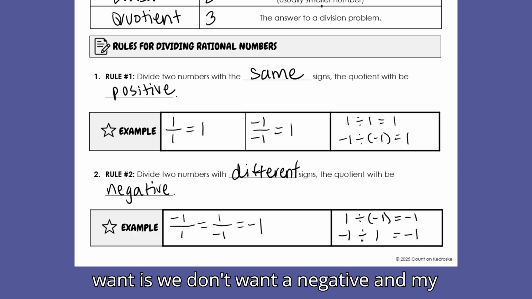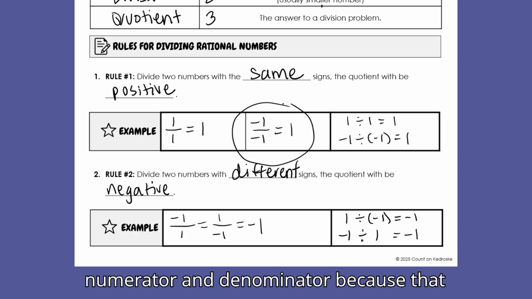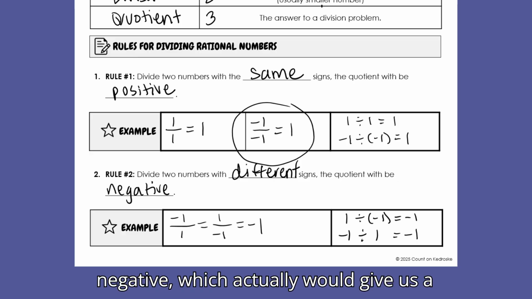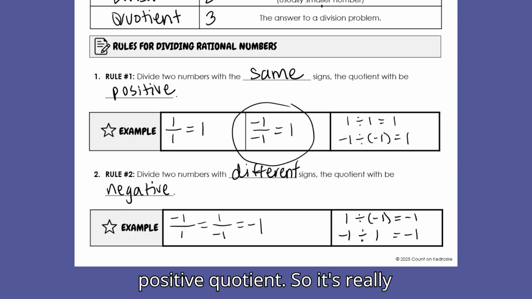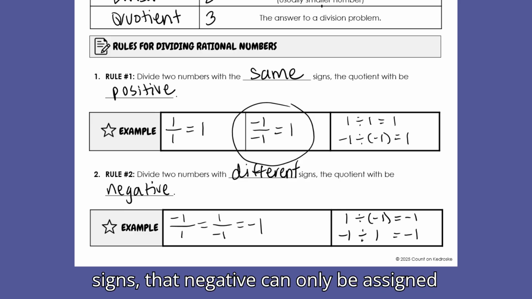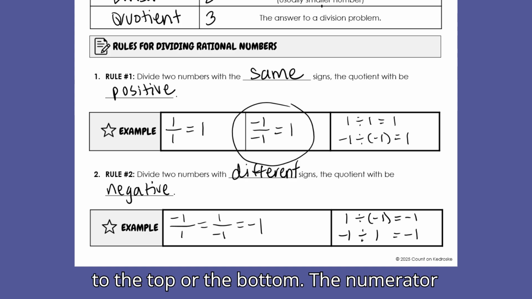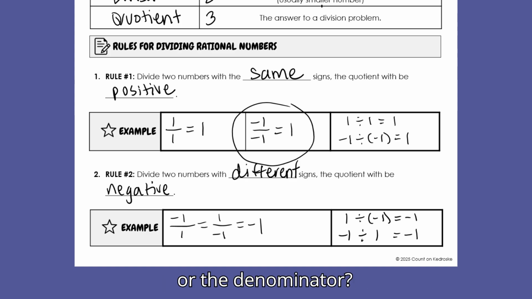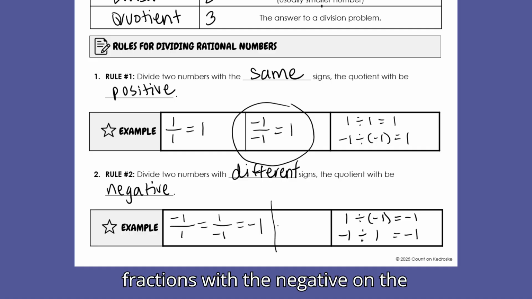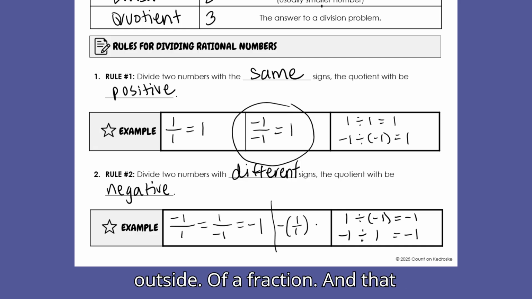What we don't want is a negative in my numerator and denominator, because that actually would be a negative divided by a negative, which would give us a positive quotient. So it's really important to understand that when you are dividing 2 numbers with different signs, that negative can only be assigned to the top or the bottom, the numerator or the denominator. We've also seen fractions with the negative on the outside of a fraction.